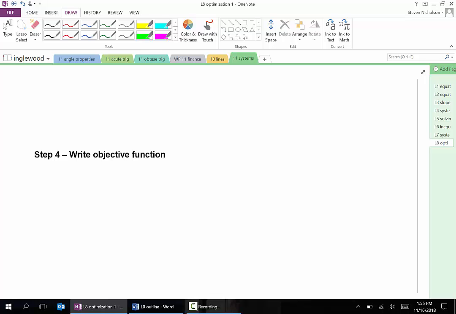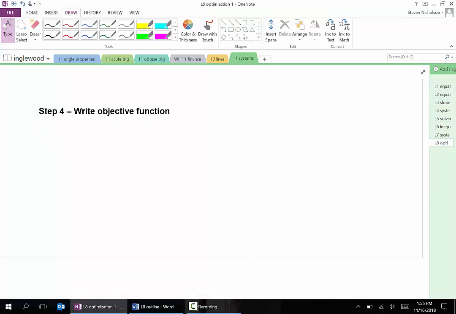In the front page of your notes, an objective function, in an optimization problem, is the equation that represents the relationship between the two variables in the system of linear inequalities and the quantity to be optimized. So again, it is an equation, and it's what we want to answer.